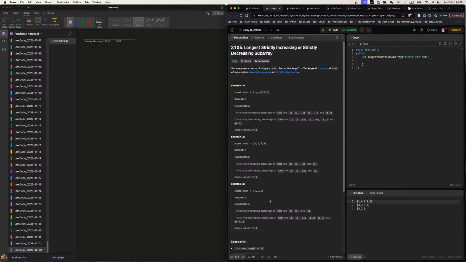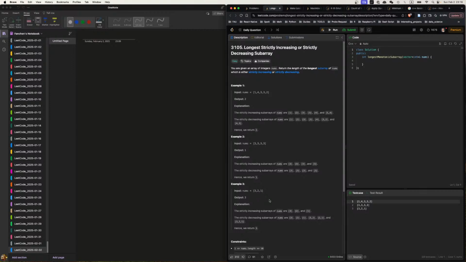Strictly increasing, we can just see if it's increasing or decreasing, right? Ooh, that is an interesting idea. We can run it twice.